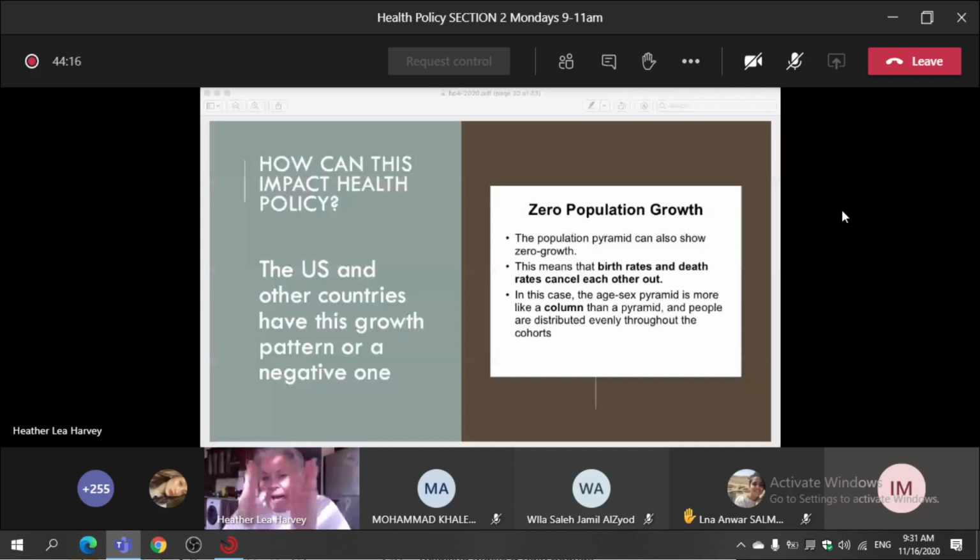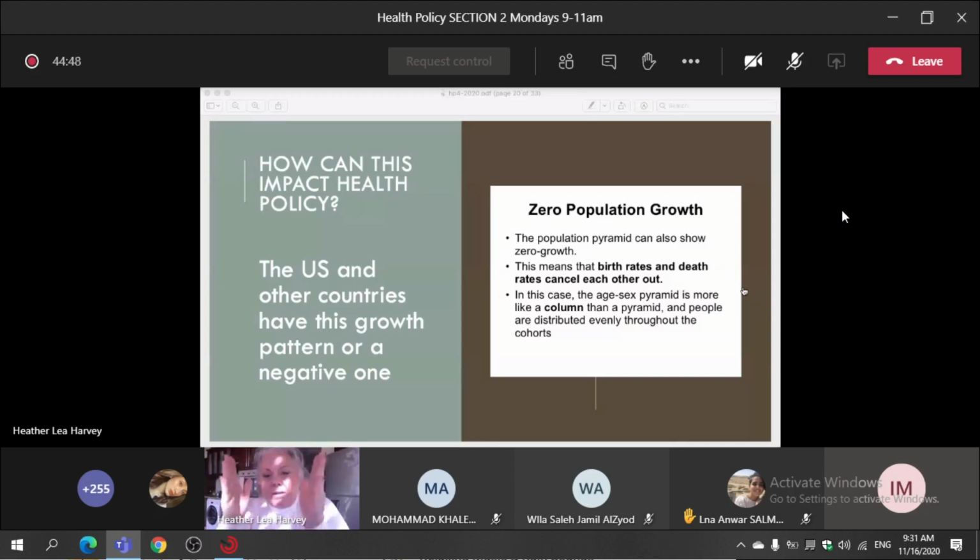And something has happened that we have some changes. There's not just one type of constrictive. You can have a constrictive pyramid due to war, and you can have one just due to economics. I think in the video they give an example of where it constricts in China, and they show the constriction that happens because of the one-child policy law.